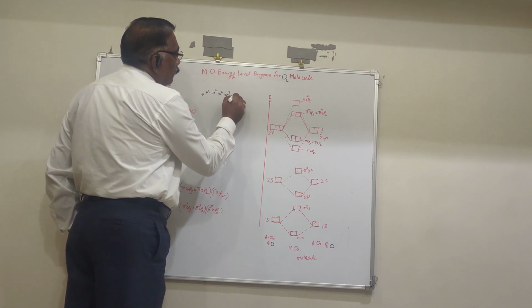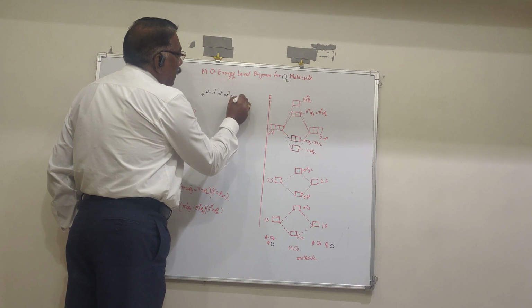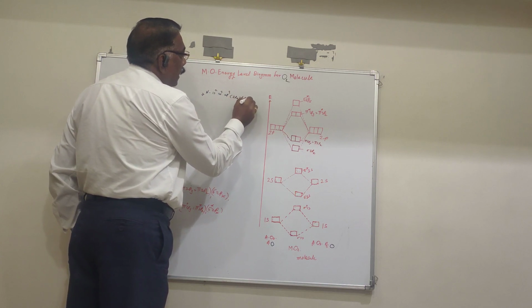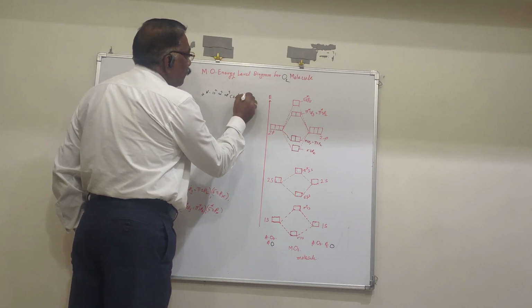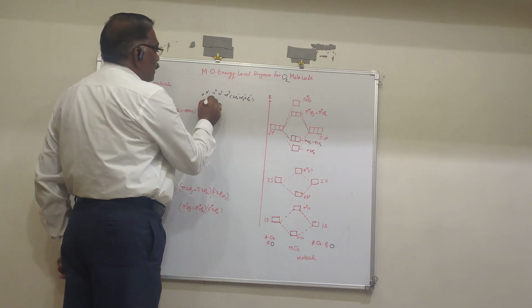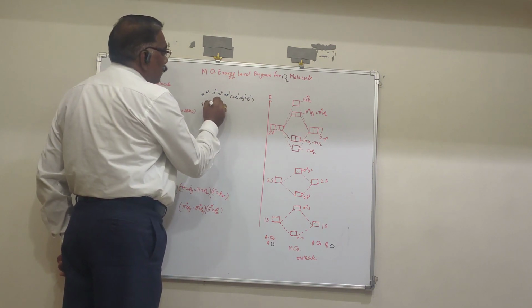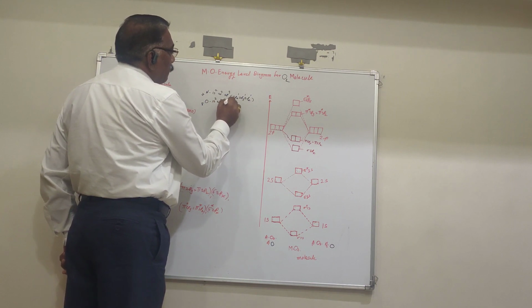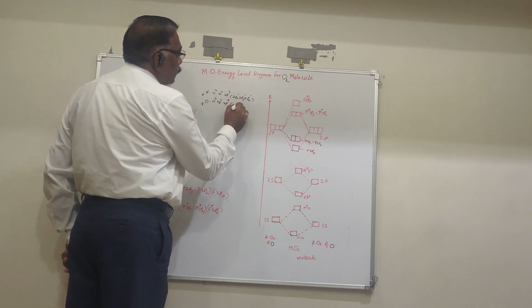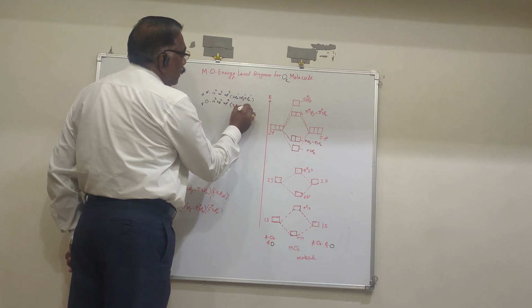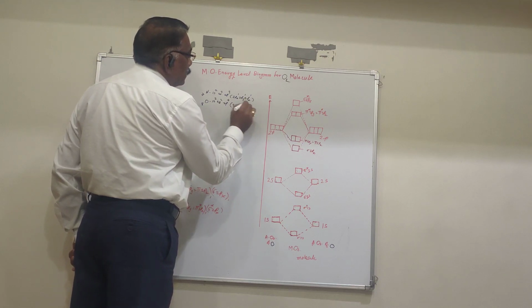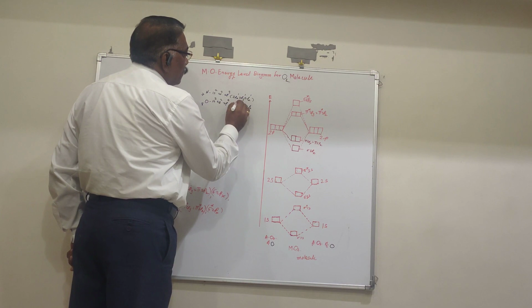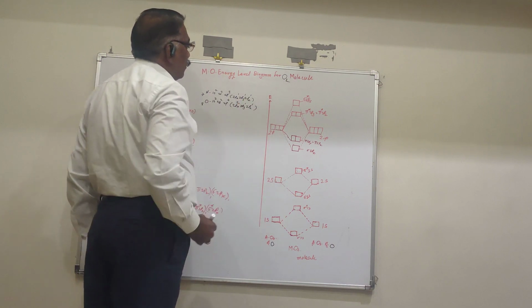That is, 2px, 2py and 2pz have 1, 1 and 1. But oxygen has 1s2, 2s2 and 2p4. Here 2px, 2py and 2pz have 2, 1 and 1. That is the electronic configuration.